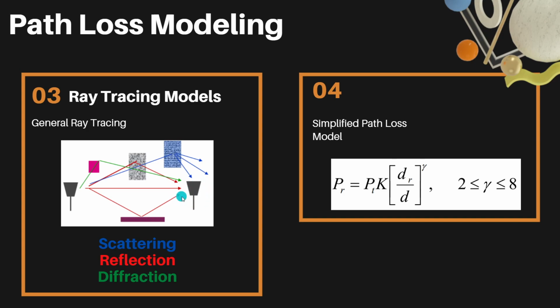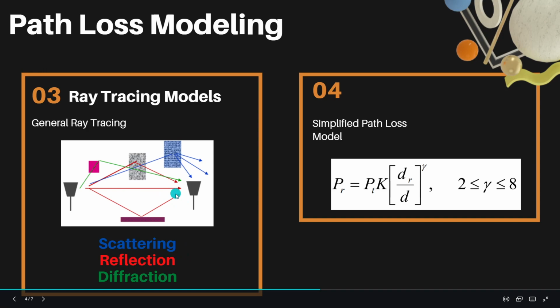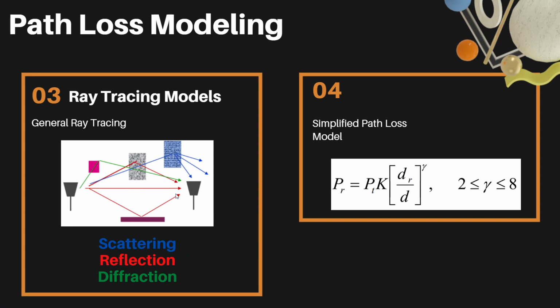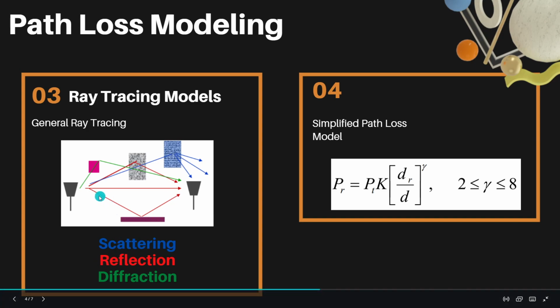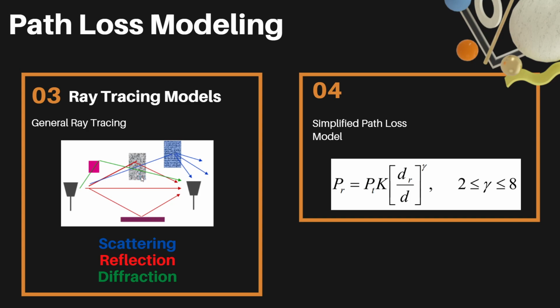This general ray tracing model takes into account all of the listed problems above. In general ray tracing, reflections generally dominate, as you can see right here, and it requires site geometry and dielectric properties to model it.